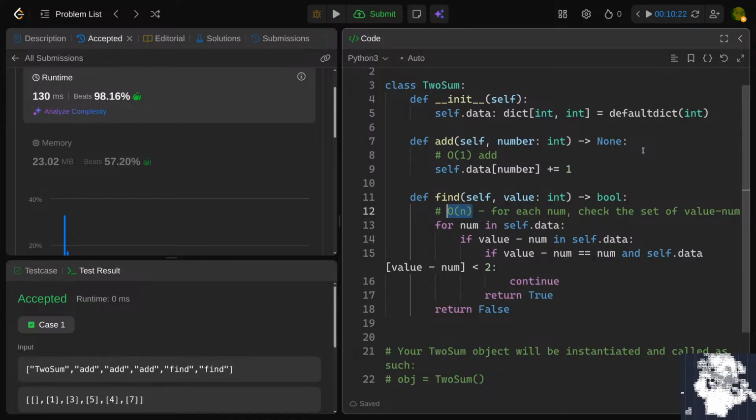So if we stored a 2D array of sums in add, then adding could be O of n. Every time you add a new thing, you pre-compute its sum with all of the existing things. Finding could be O of 1. You just check if the value is in your set of reachable values.